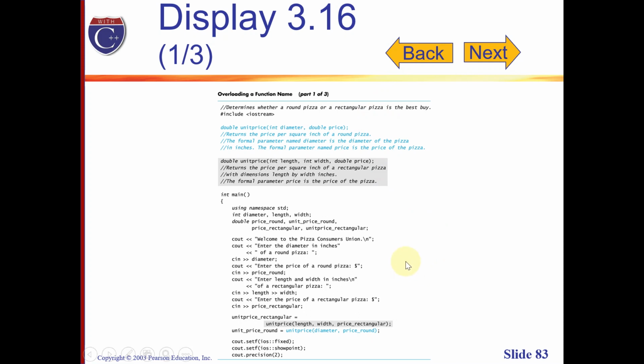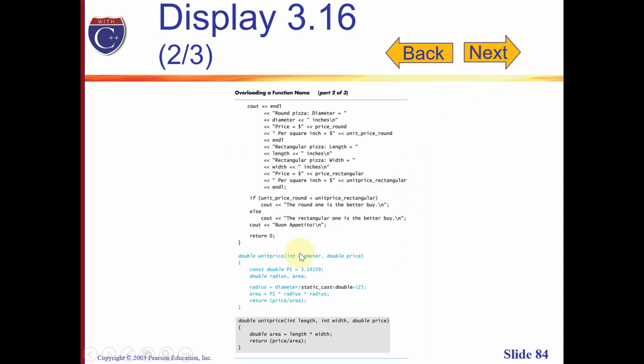For example, we have here a function call which involves three arguments. What our compiler will do is look for that version of our function which contains the same number of arguments, and whatever is contained in our function definition will be executed, just like this one.